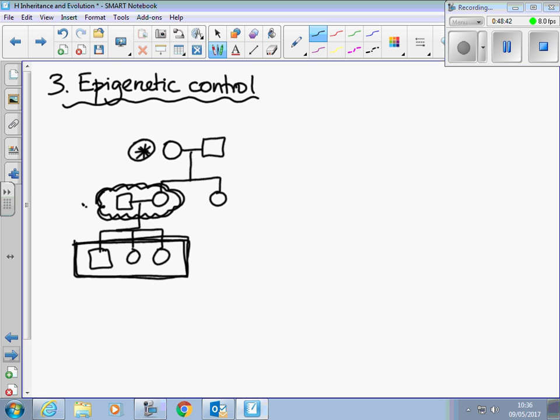So what you would do there is produce identical twins by, you know, getting an embryo, splitting the cells up, putting them into surrogate mothers, like I was saying before, and then treating those surrogate mothers differently.